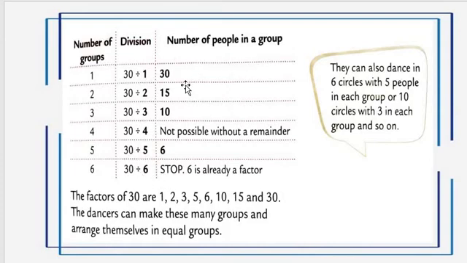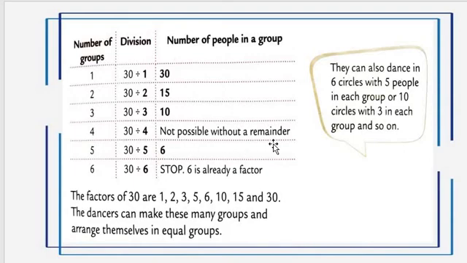And number of people in group means 1 30 is 30, 2 15s are 30, 3 10s are 30, and in table number 4, 30 will not come.